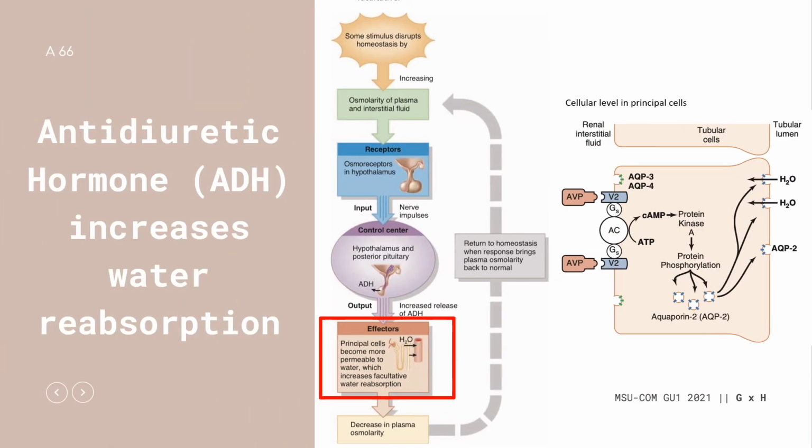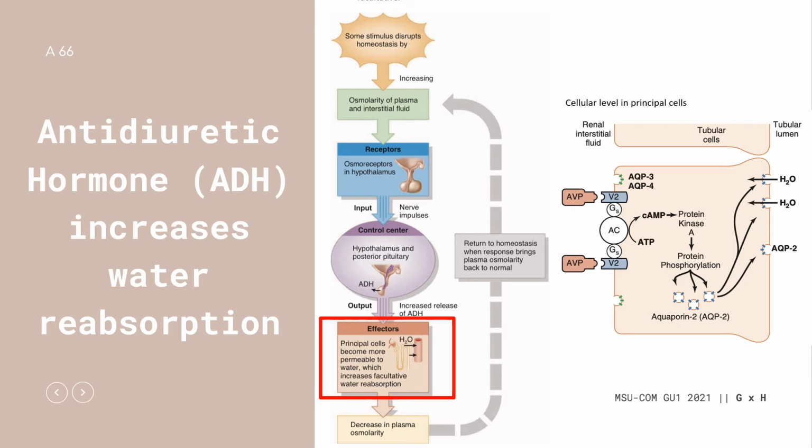Another hormone that affects tubular reabsorption is antidiuretic hormone. Antidiuretic hormone promotes antidiuresis. Antidiuresis meaning inhibition of diuretic activity. We have noted that diuresis is defined as excretion of urine, particularly water. Therefore, ADH increases water reabsorption.